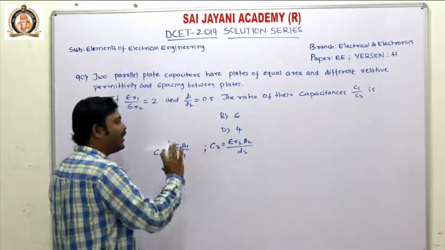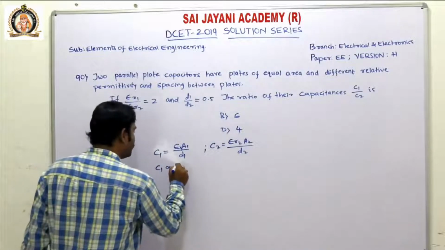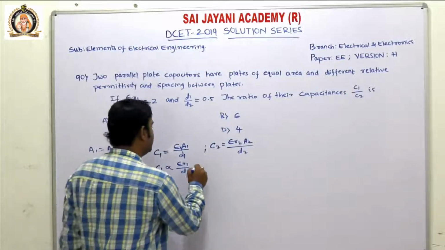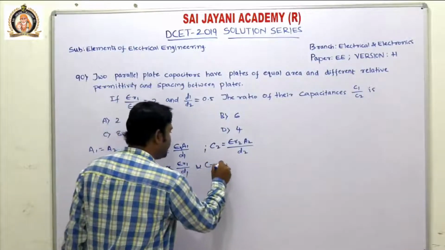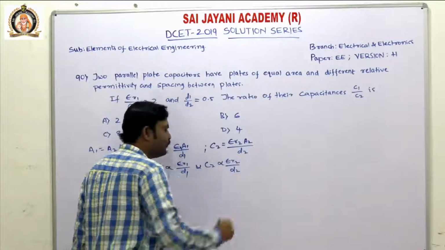So since the areas are the same, C1 is directly proportional to epsilon R1 by D1 and C2 is directly proportional to epsilon R2 divided by D2.